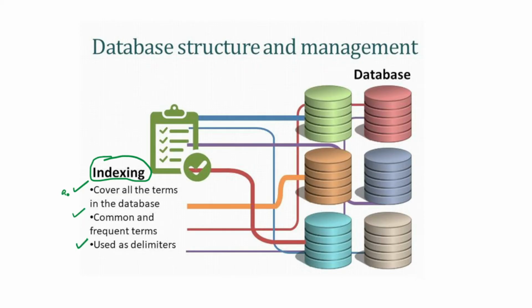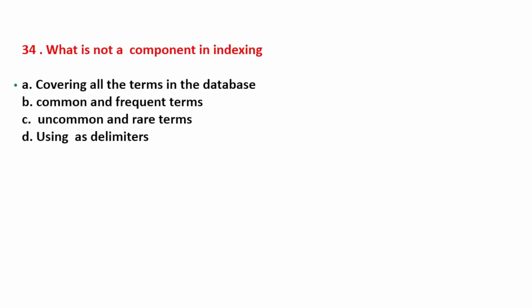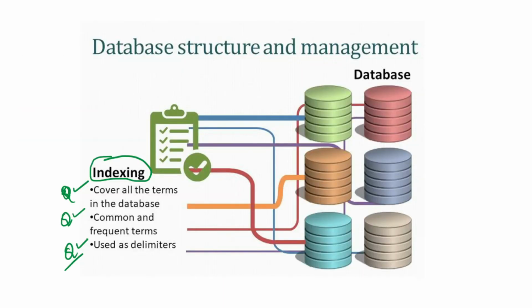So all these three statements have been given as options. Therefore option C, that is uncommon and rare terms, is not a component in indexing. So please remember this question, the answer, and also this chart pertaining to indexing.